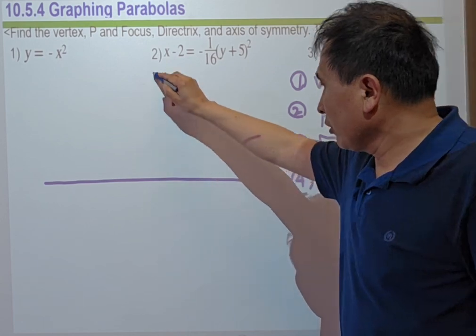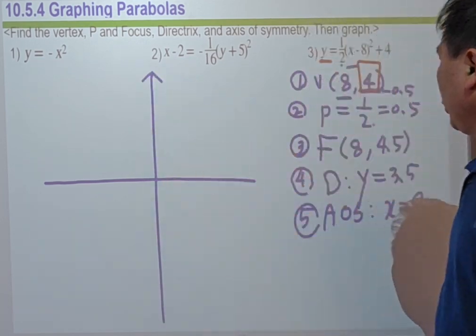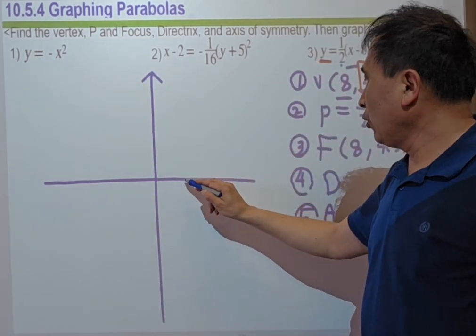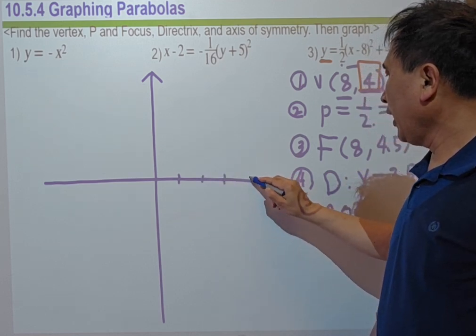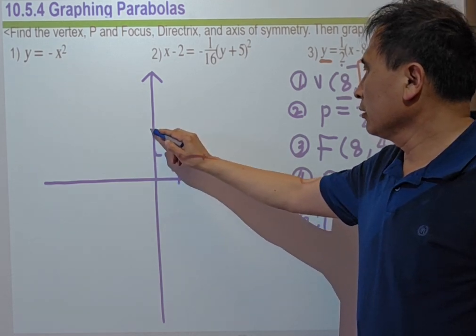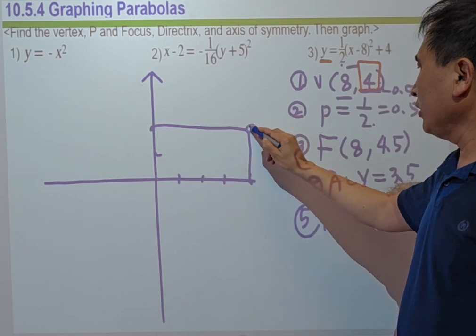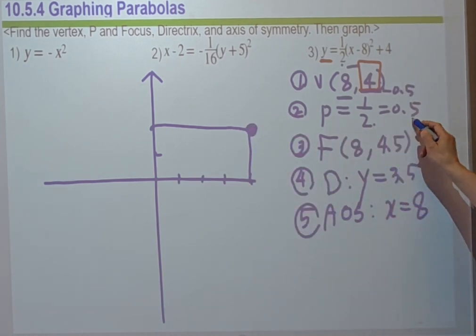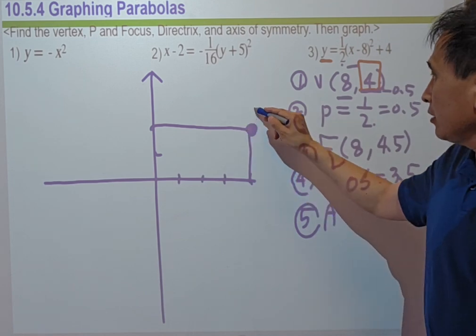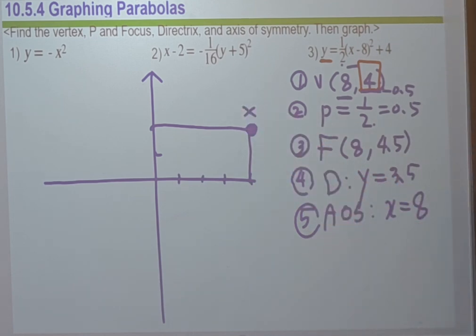If you draw the graph, here 8, 4, so let's say this is 8 right there, and then 8, 4 right there. This is the vertex, and then 8, 4.5 is go up there.